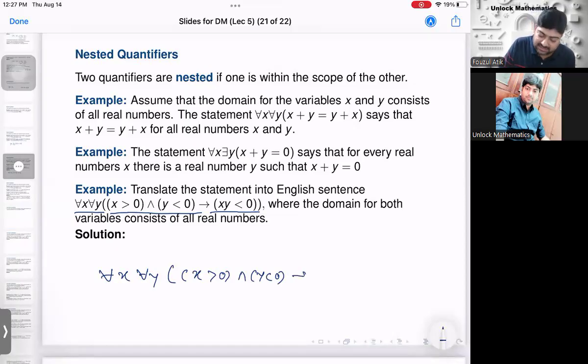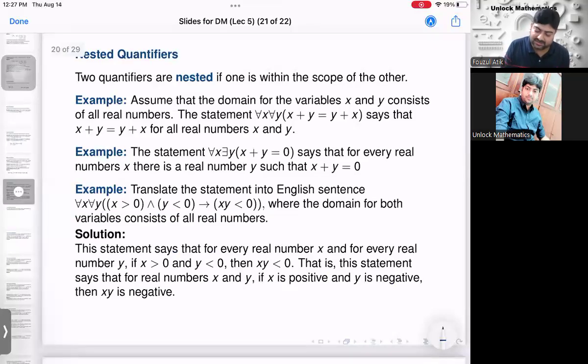Then it implies that their product is less than 0. Yes, it is true, we know that for real numbers, if one is positive and one is negative, then their product is negative. So this expression says that for every real number x and y, if x is positive and y is negative, then xy is negative. Done. This is how you can read a logical sentence as an English sentence where the quantifiers are nested.